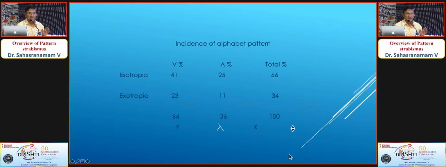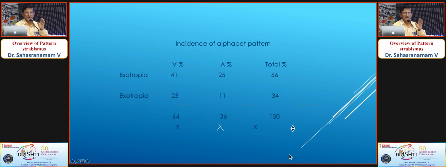So if you look at the incidence of alphabet pattern strabismus, pattern strabismus would be the more ideal term, because you may rarely have pattern strabismus which may not follow the alphabets.